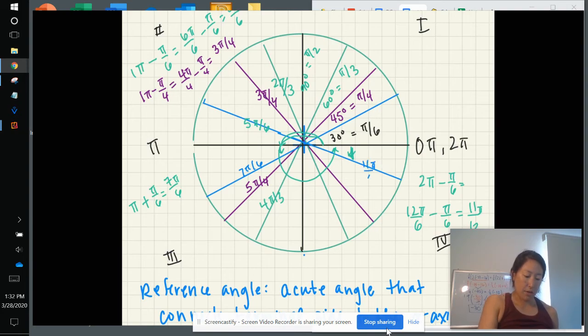11 pi over 6. So how did I get that numerator? Well, the trick is that we're going 2 pi and then we're subtracting out a wedge. But if you look at anything in purple, remember, it's divided by 4. So double the denominator. 4 times 2 is 8, and then you have to subtract out the 1 wedge, giving us 7 pi.